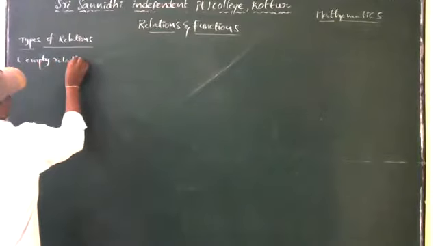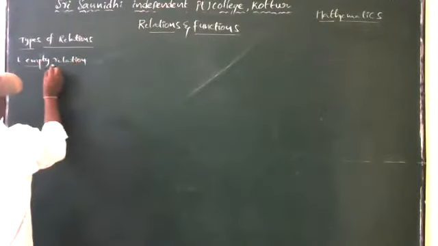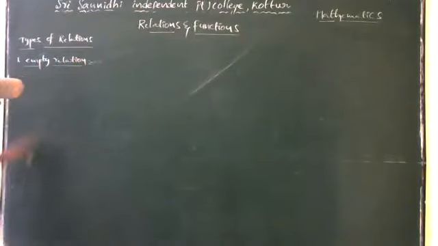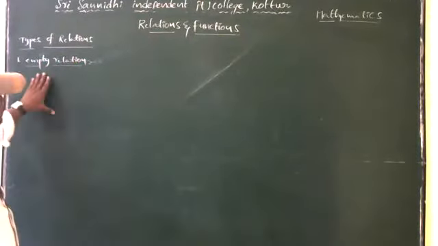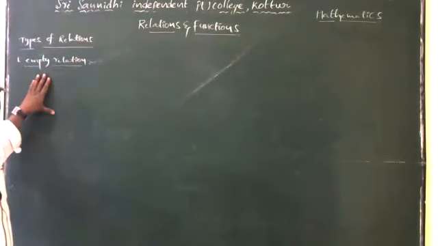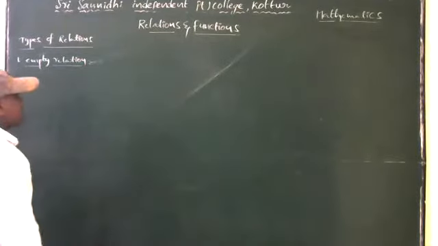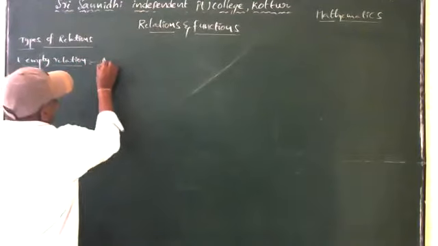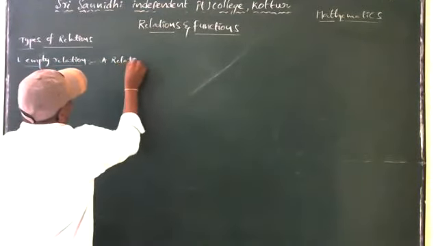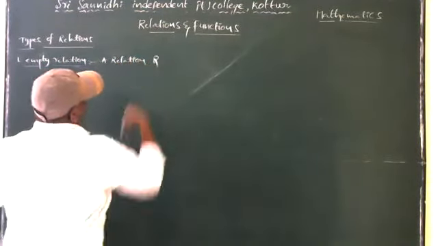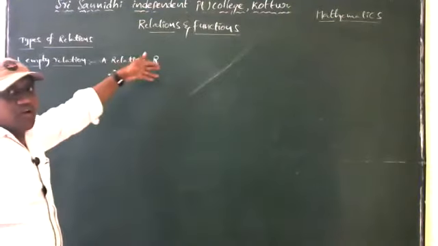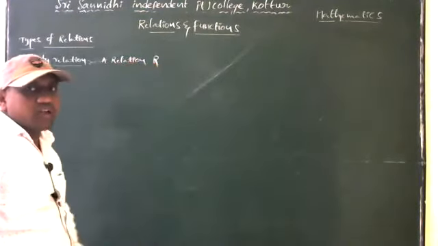What is meant by empty relation? First we have to write the definitions. Definitions are also important for 1 mark. That's why first we have to write the definition and also learn it. Empty relation means empty, there is no element. Then what is the condition here? We define a relation, capital R. We represent relations with capital letters.